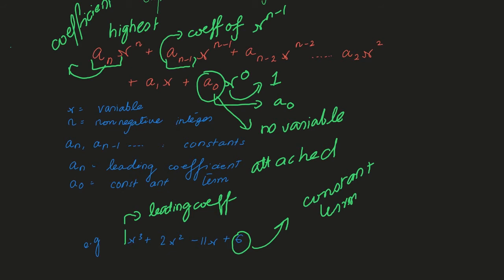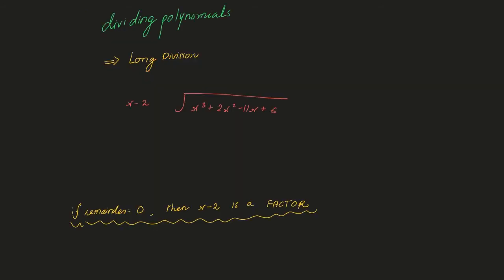You can see that the highest power is 3, x to the power 3, and the next one is n minus 1, 3 minus 1, so x to the power 2. Then n minus 2, so 3 minus 2 is 1. So gradually it becomes 2, then 1, and then 0. This is basically how polynomials generally work.